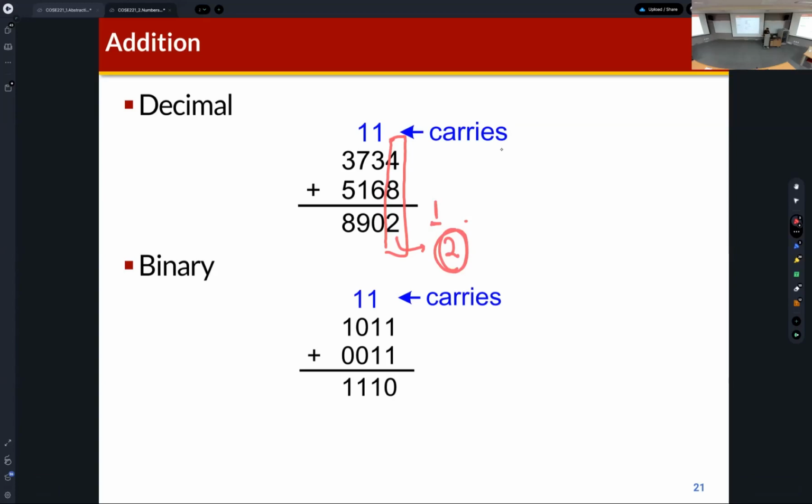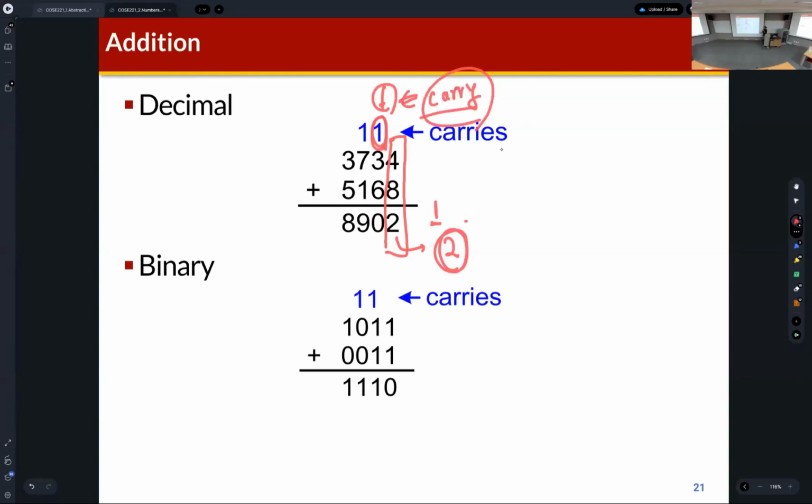So we need to write 1 above this digit, the 3. And this number 1 is generated from the right digit, right? So this number is called a carry.